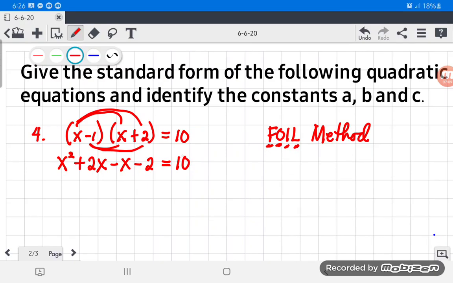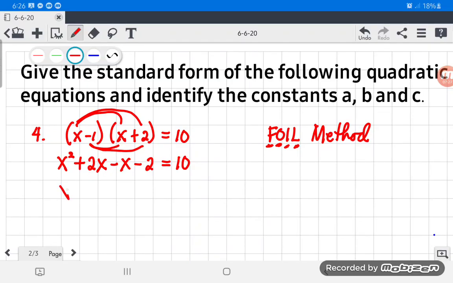Again, to make the right side of this equation 0, we have to make use of the subtraction property of equality. But before that, let us combine similar terms.